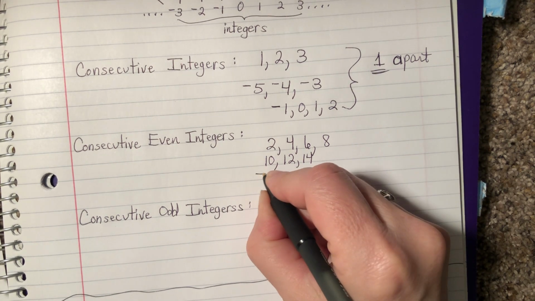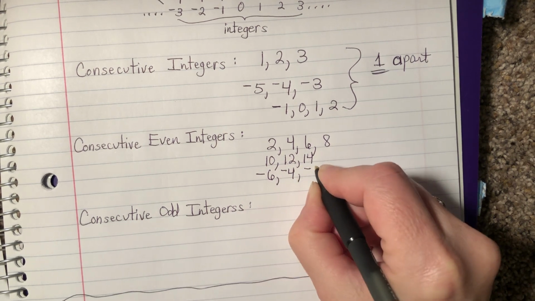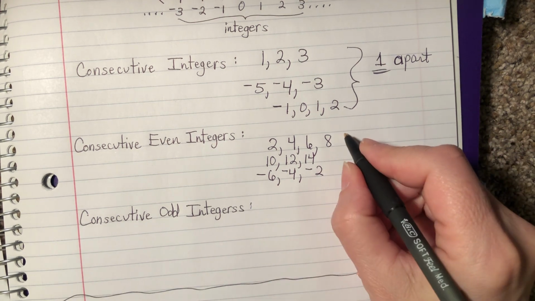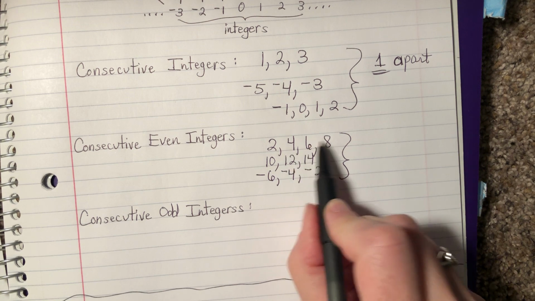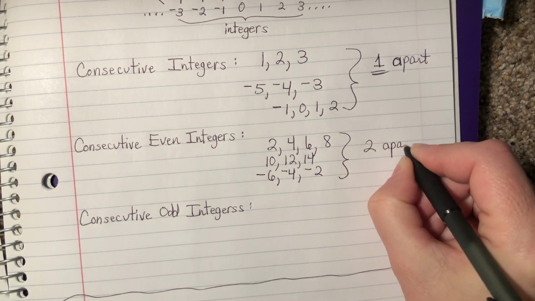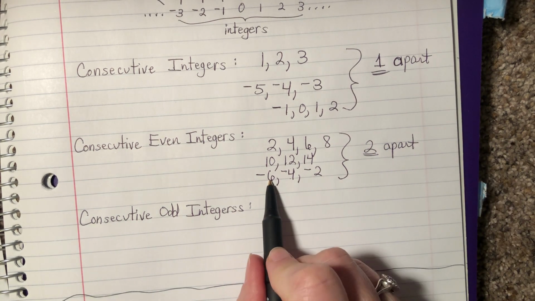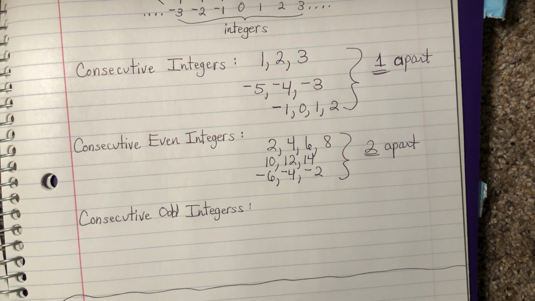You could have -6, -4, -2. These consecutive evens are all 2 apart from each other. -4 is 2 away from -6. 14 is 2 away from 12.